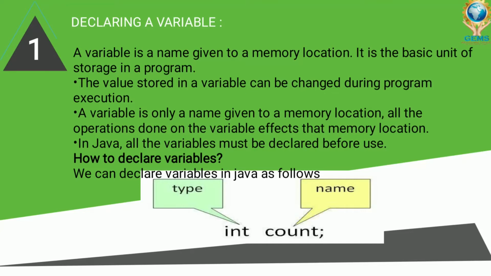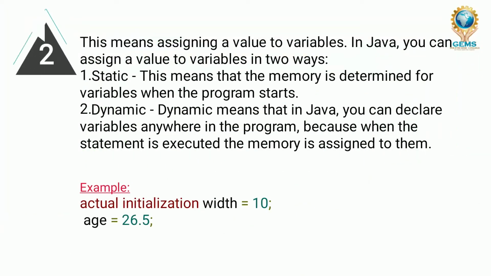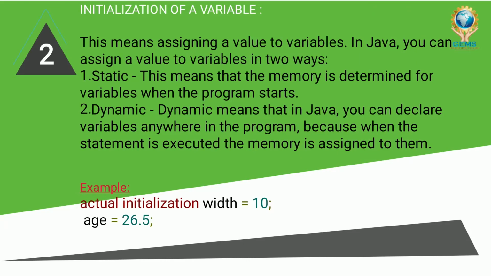So I want to give more examples. Just look at here: float A, double B, char C. These are different types of variable declarations, with different data types and different variable names. This is how you declare variables in Java programming. It is not a new concept to you.